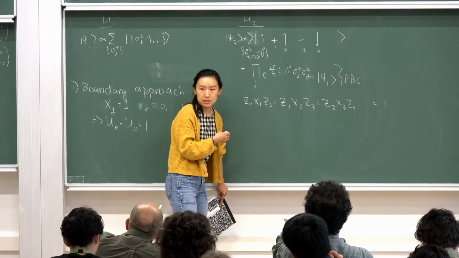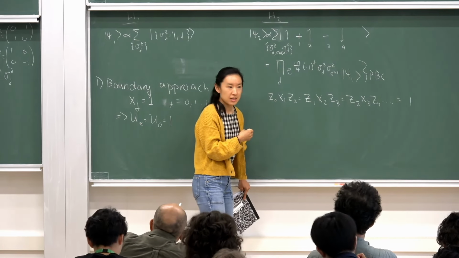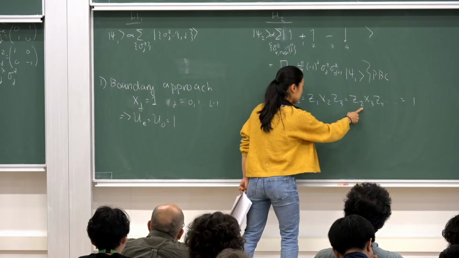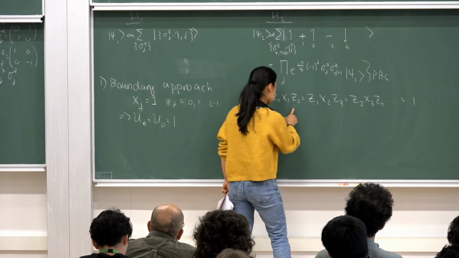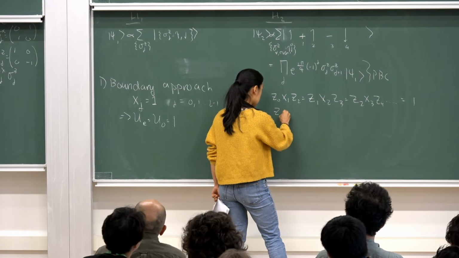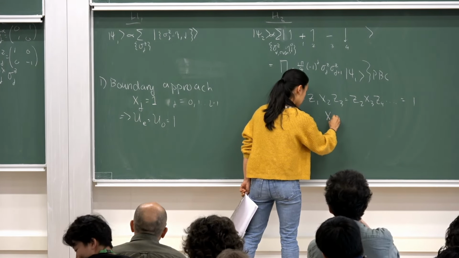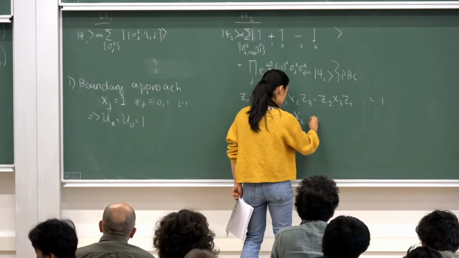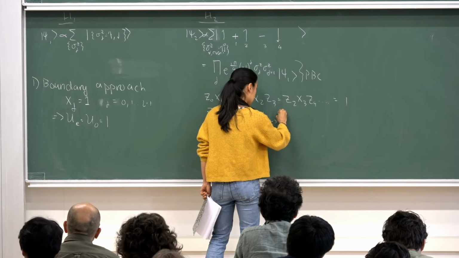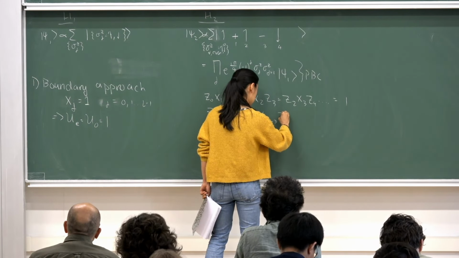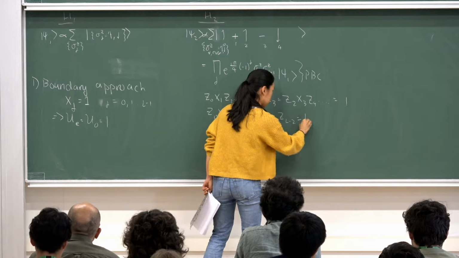I'm just going to say that when I multiply this with this, and all of the ones where x is even, what I'll get is Z0 x1 x3 ... x L minus 3 Z L minus 2 equals 1.